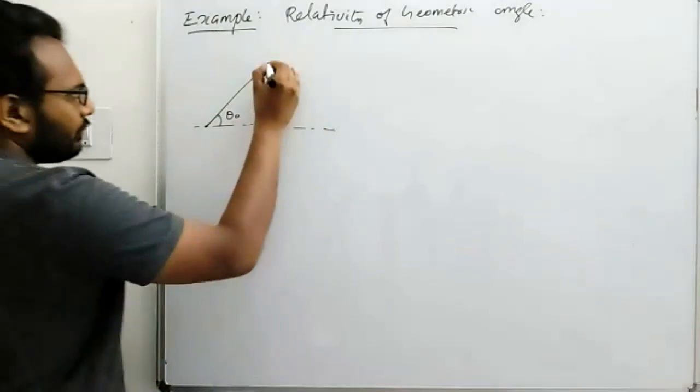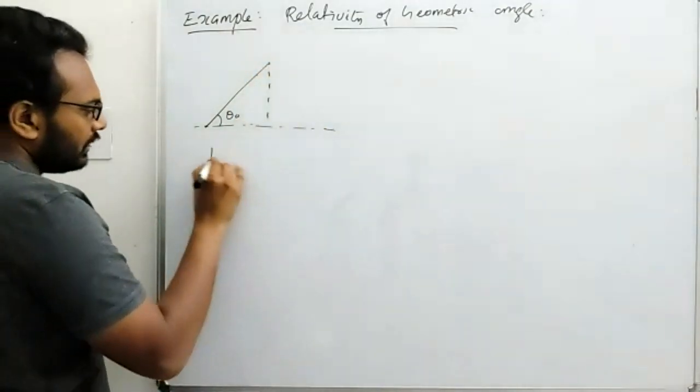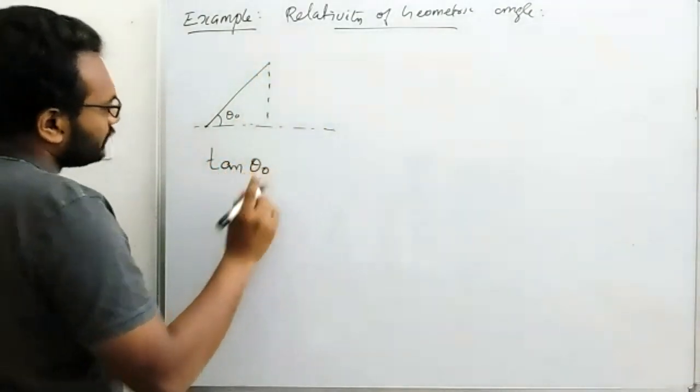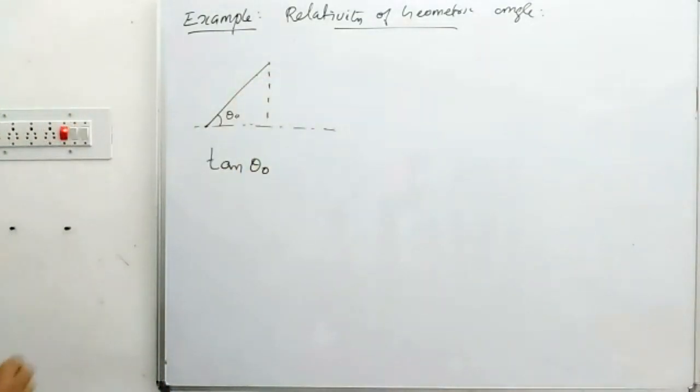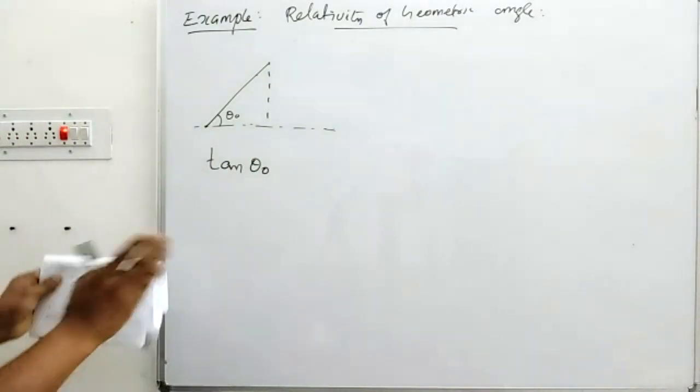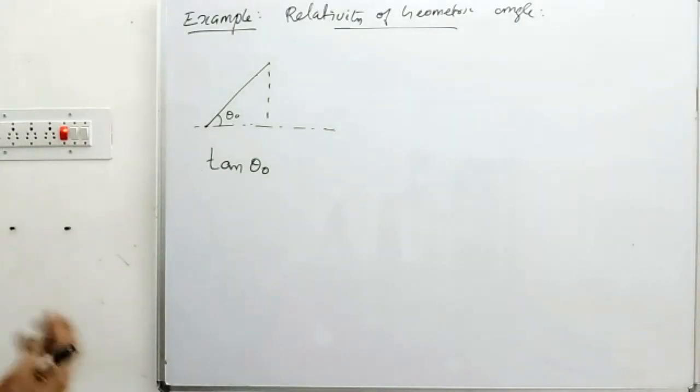We can write from here tan theta 0. In other words, we can ask: does the velocity have a component along the direction of length? And only that component of velocity will cause length contraction.